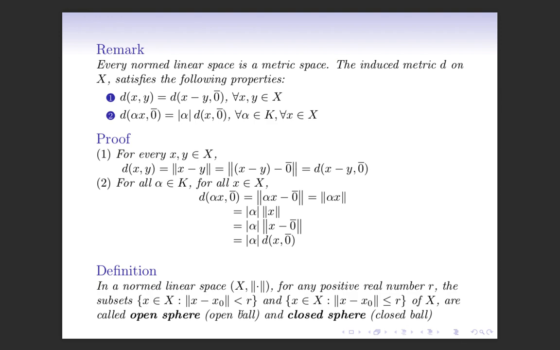Similarly, we can define a closed sphere as the set of all those x such that norm of X minus X naught is less than or equal to R, and this is a closed sphere with center X naught and radius R.